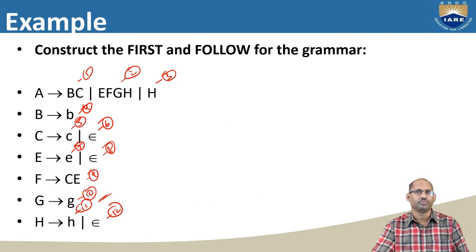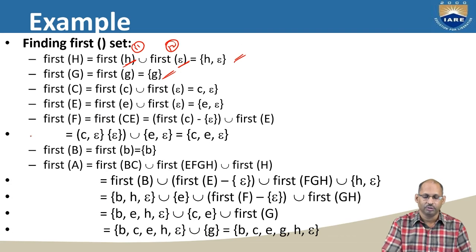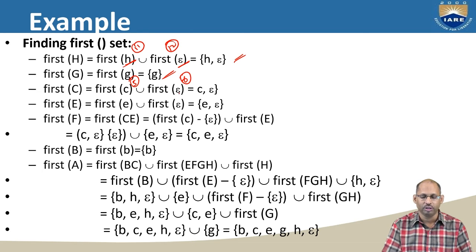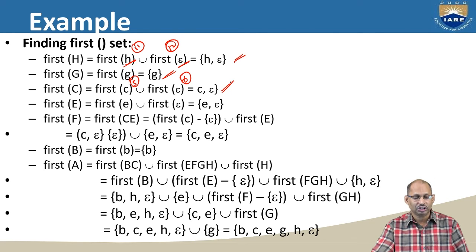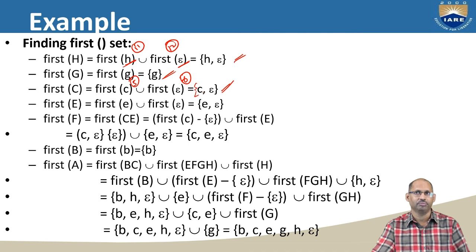Then first of F is first of C, so first we calculate first of C. From the fifth production, it is C. From the sixth production, it is epsilon. So finally, first of C is C and epsilon.